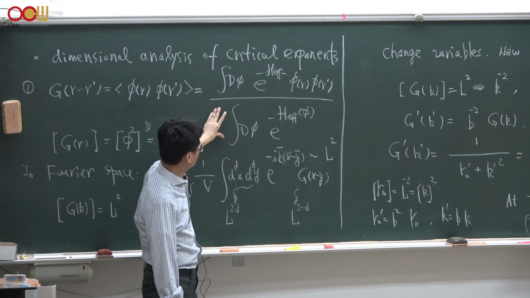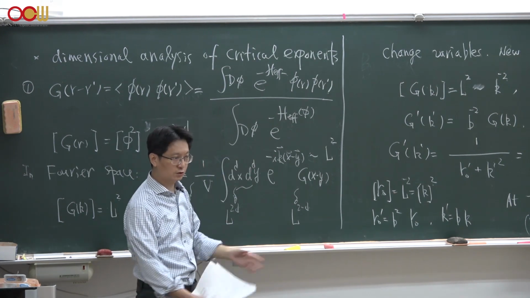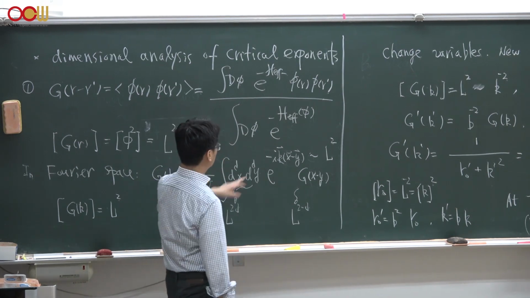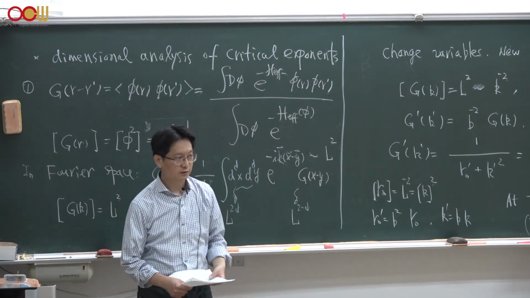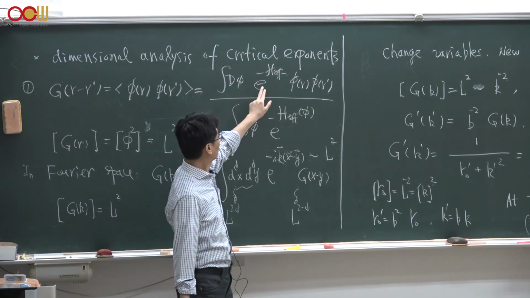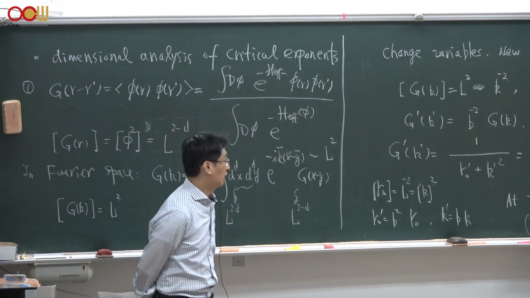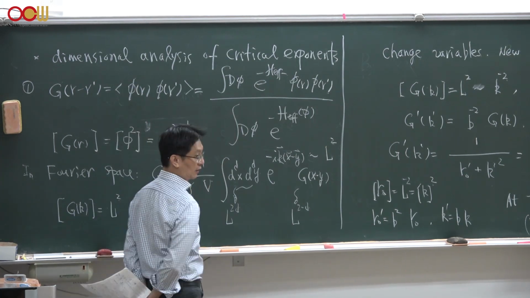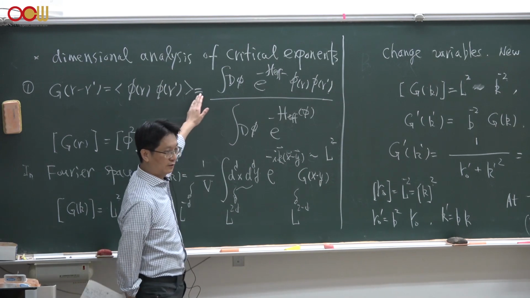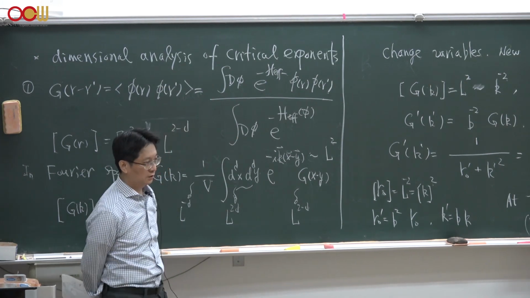The denominator is simply the partition function in the coarse-grained Landau theory, and this effective Hamiltonian is the Landau free energy functional. In the numerator, you multiply the Boltzmann weight again by phi of r and phi of r prime. This follows the standard definition of a two-point correlation function after ensemble average.